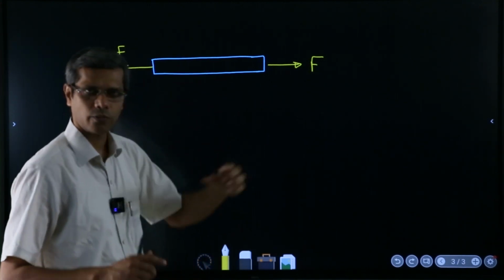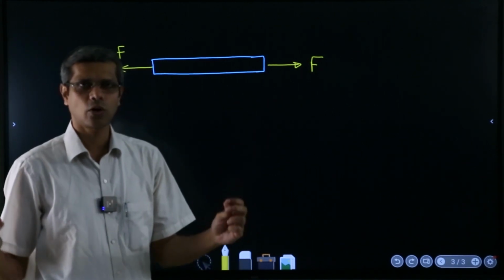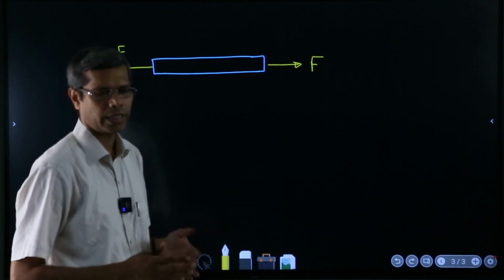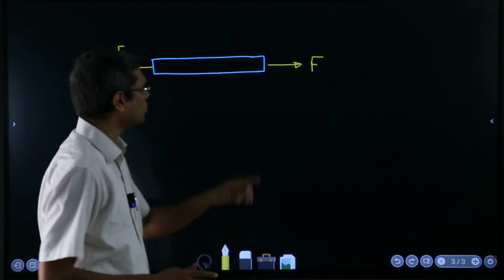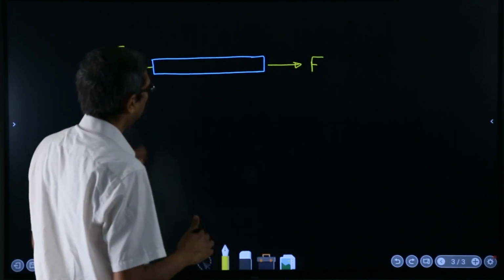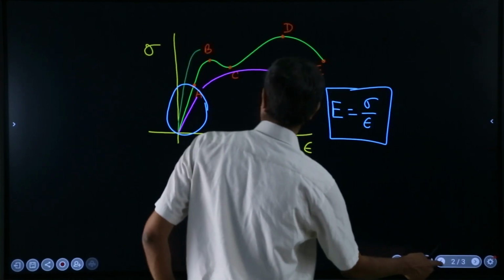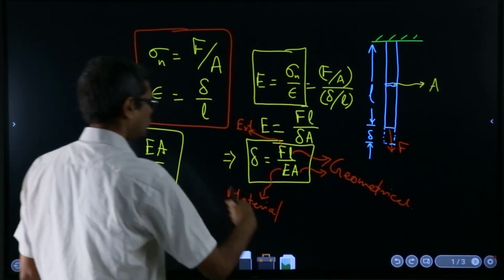So there is a bar of uniform cross section. At the two ends you are applying the equal and opposite force F, and the material property E is the proportionality constant between the stress and strain. That is the whole story, and from there we can write these two things.